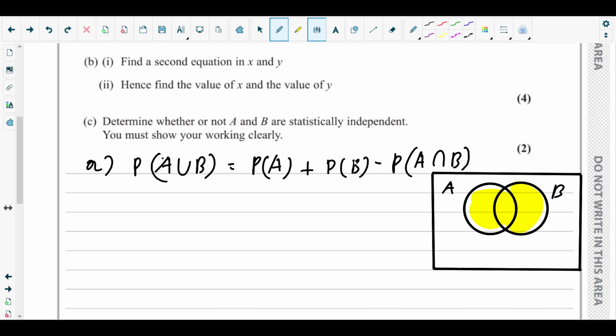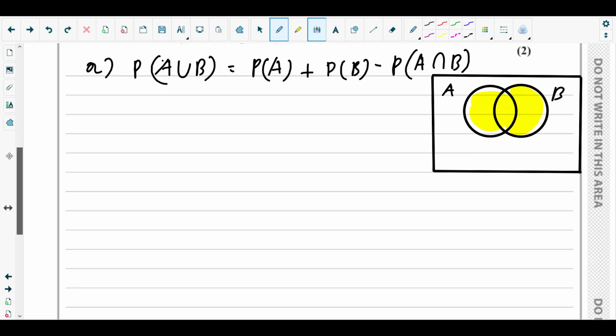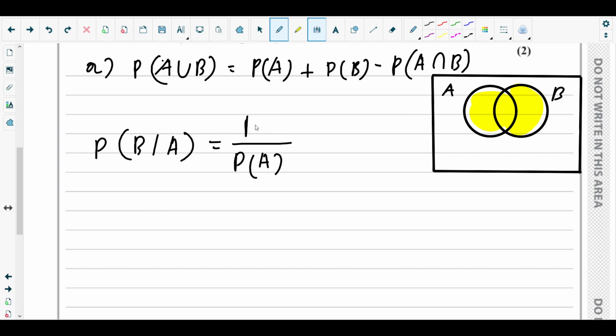We know that probability of A is x, probability of B is y, but what is probability of A intersection B? Is this one? Nope, that's not that. Why? Because we need to use the concept of probability of B given A. Probability of B given A is basically, given the condition of A, how much part of B is there.